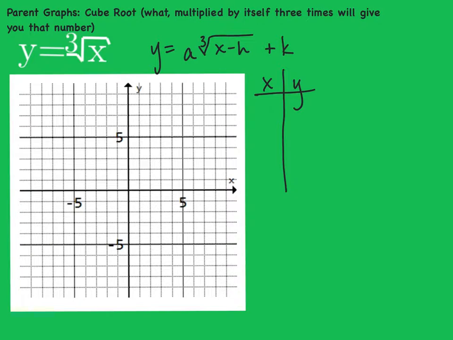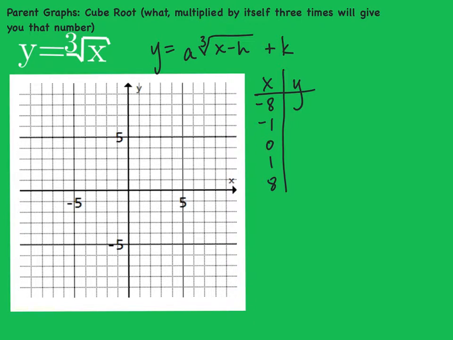Those become the values that we want to use, because while there are many, many perfect cubes, not very many fit on our little 10 by 10 graph. So we're going to go -8 that we got from the previous graph, -1, 0, 1, and +8. And I'm going to jump back, so that's what we're using for our x value.